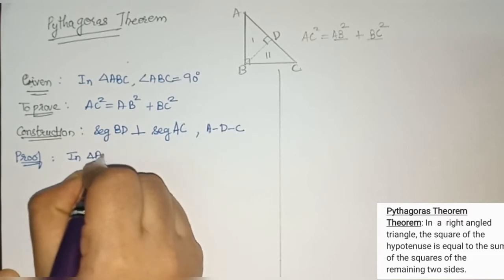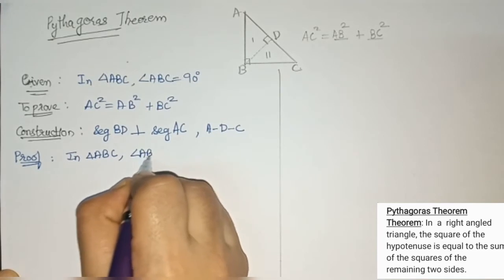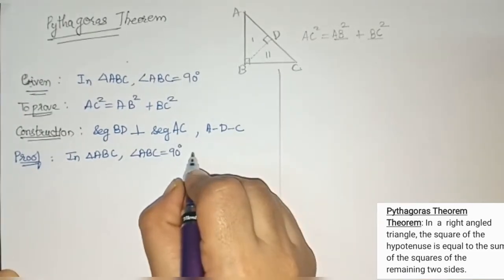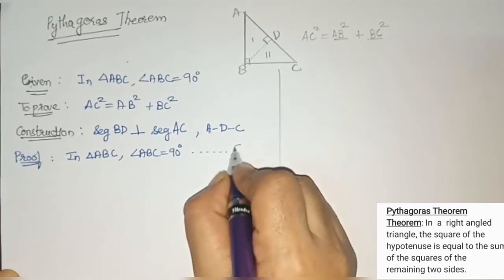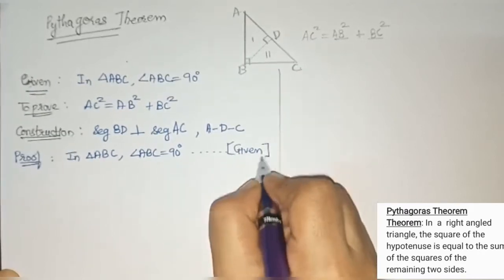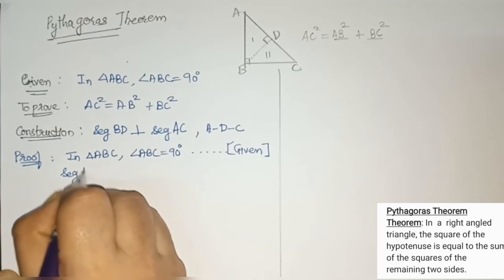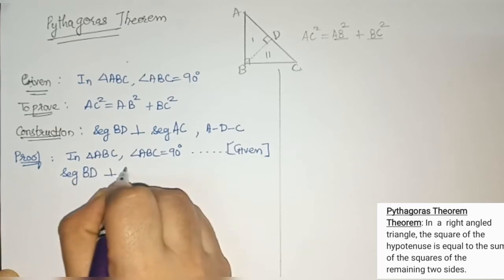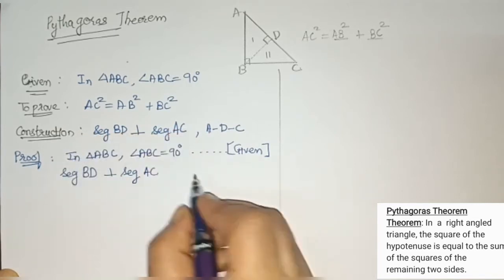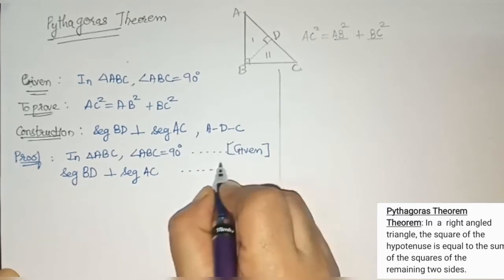In triangle ABC, angle ABC is equal to 90 degrees. This is our given part. Then segment BD is perpendicular to segment AC. This is also our given part, or we have to say that it is a construction.